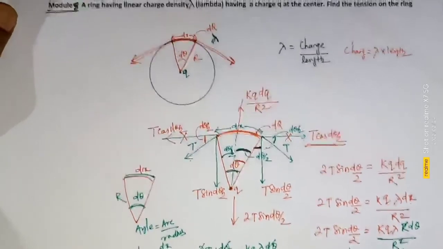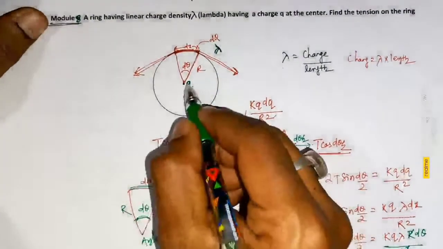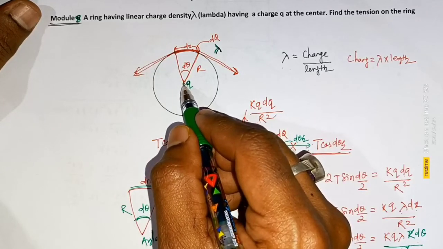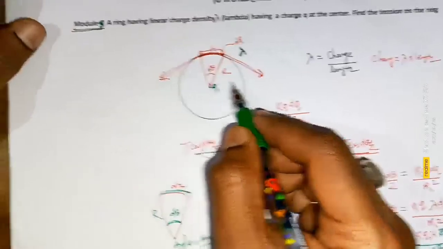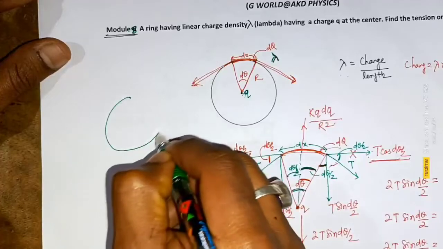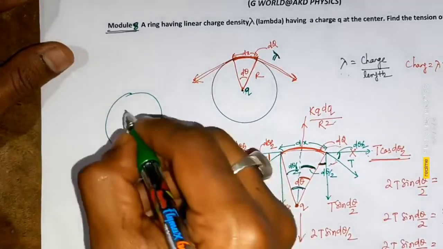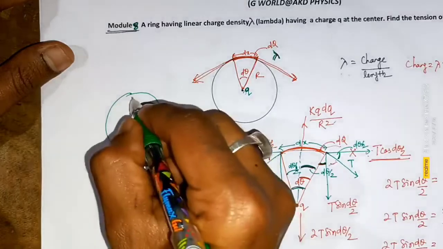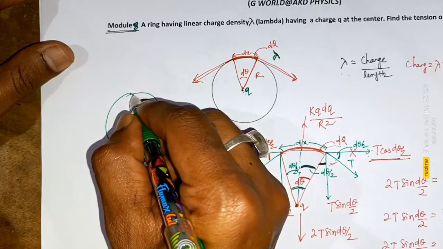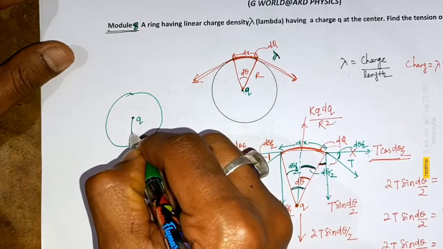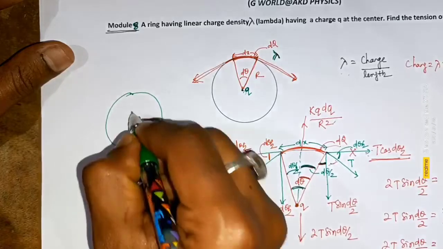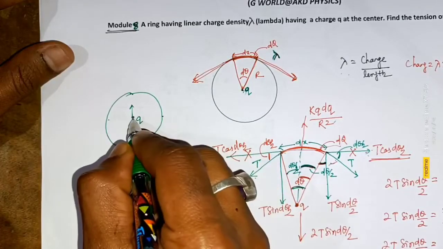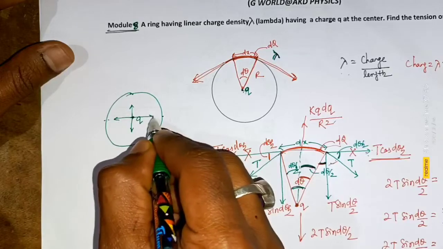If you observe this question also, what is the net force on this charge Q at the center? If you see, this is my ring, not a proper shape, and it's a charge Q. At each and every instant, there is repulsion due to this section like this, due to this section like this, due to this section like this.